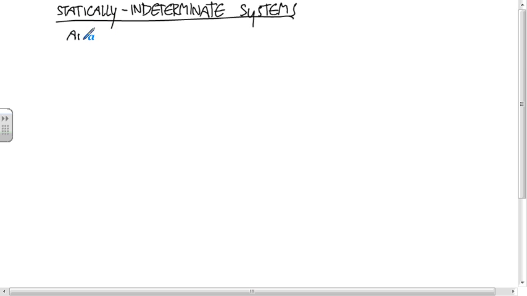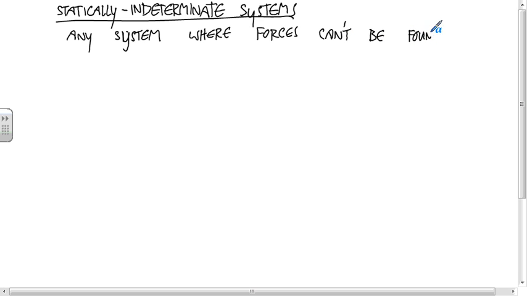So this is any system where the forces can't be found using just statics.